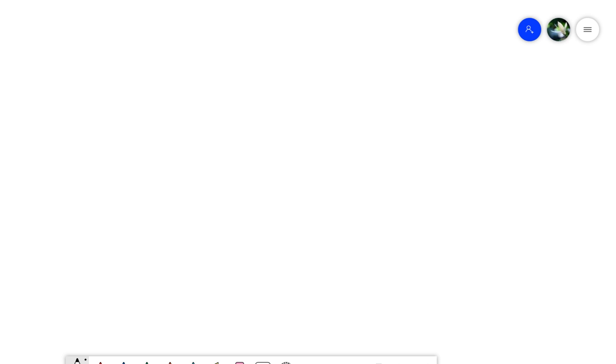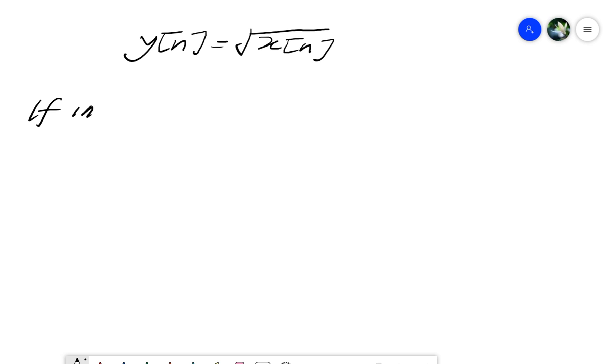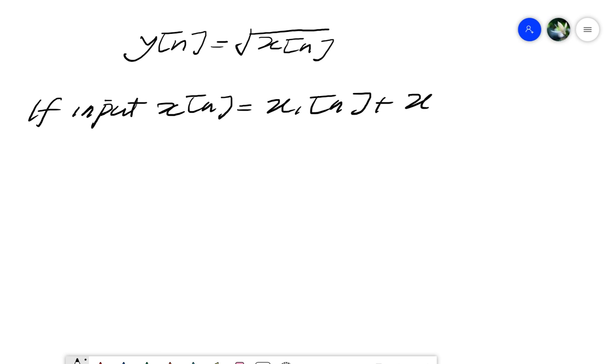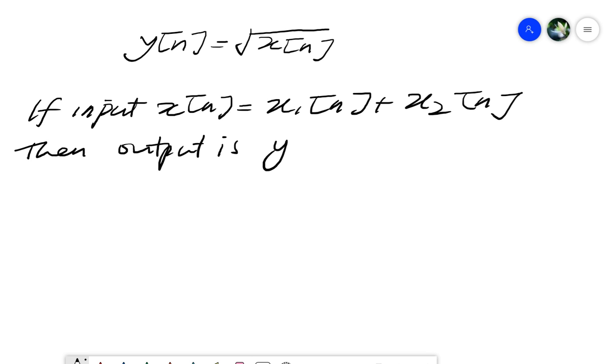So the system was y[n] equals x[n]. If input x[n] equals x1[n] plus x2[n], then output is y[n] equals y1[n] plus y2[n].